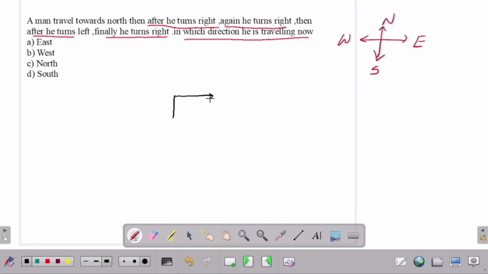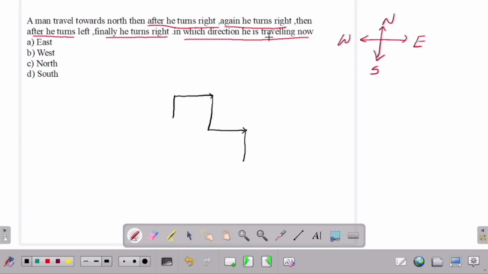Again he turns right. Then after he turns left. Finally he turns right. So this is my right.